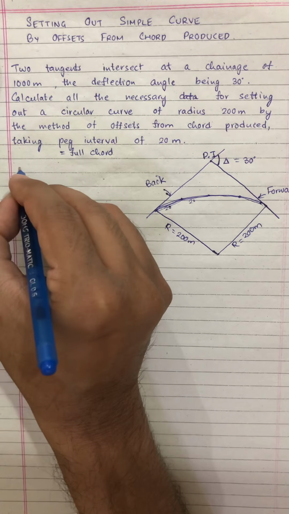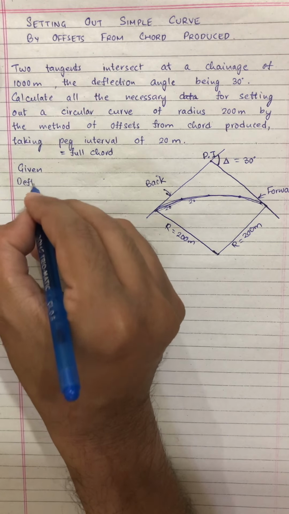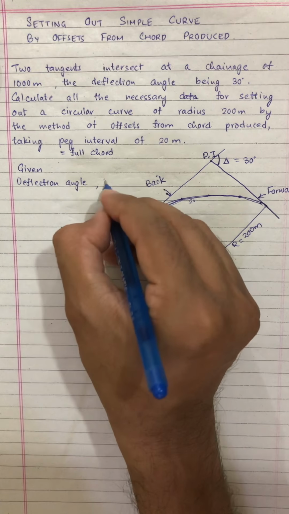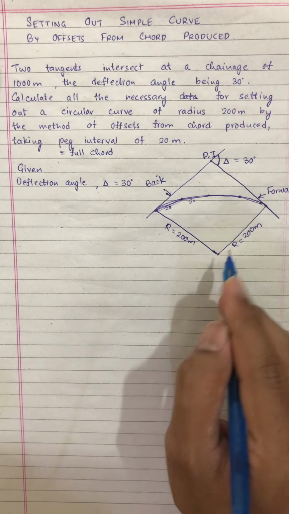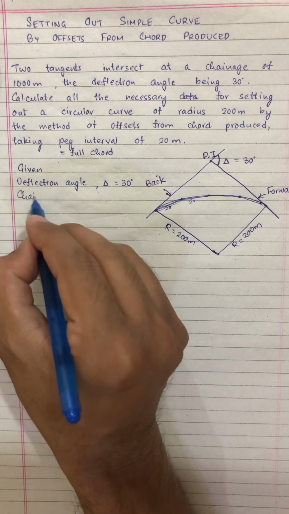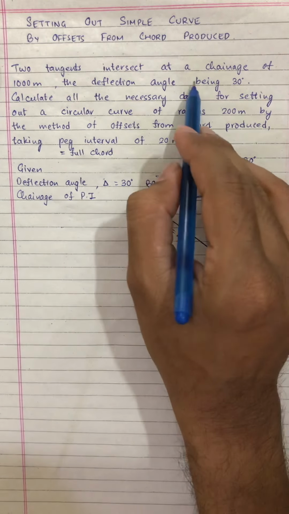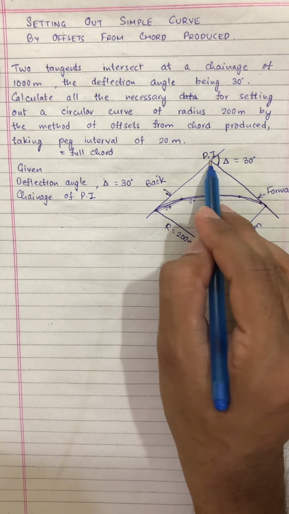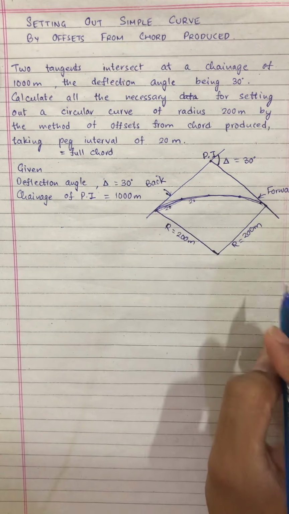So what is given? First, the deflection angle delta is given as 30 degree. Then we have the chainage at point of intersection, where the two tangents intersect. The chainage of PI is given as 1000 meter.